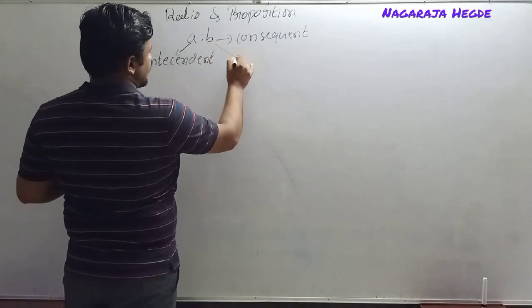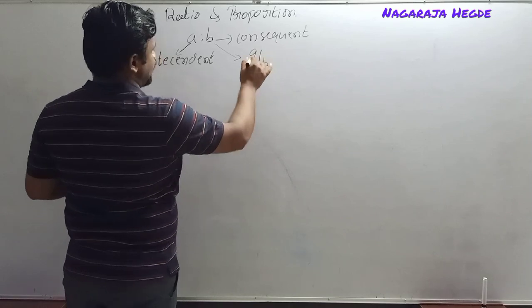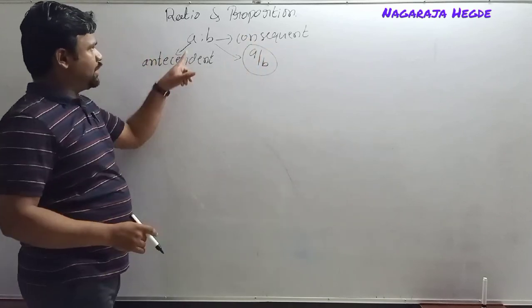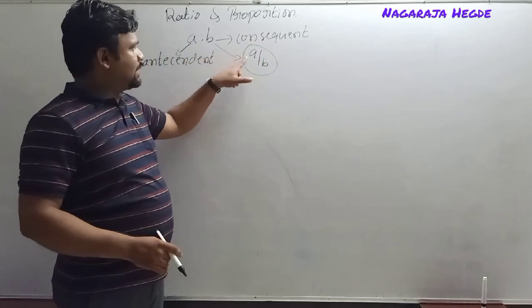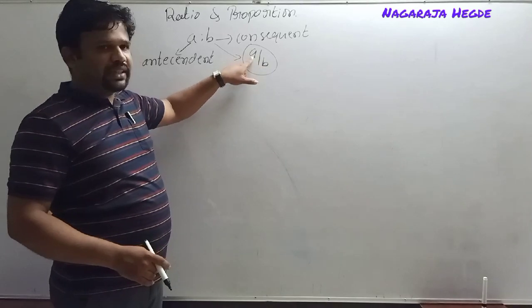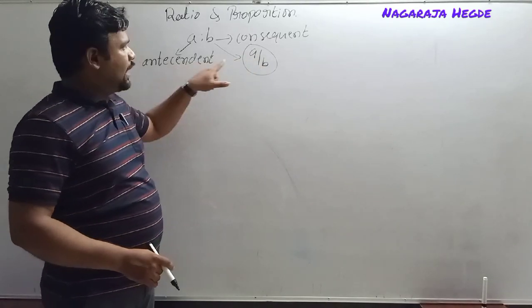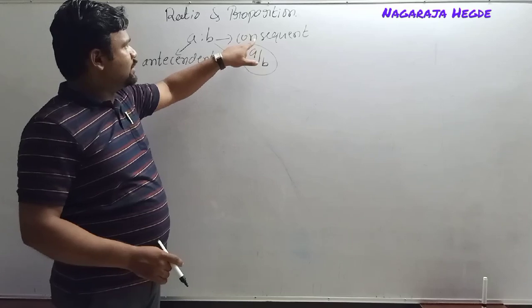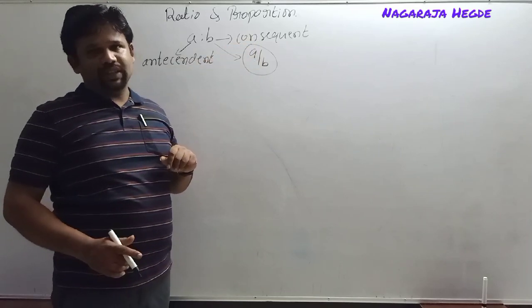This ratio can also be written as A by B, where the numerator A is the antecedent and the denominator B is the consequent of the ratio.